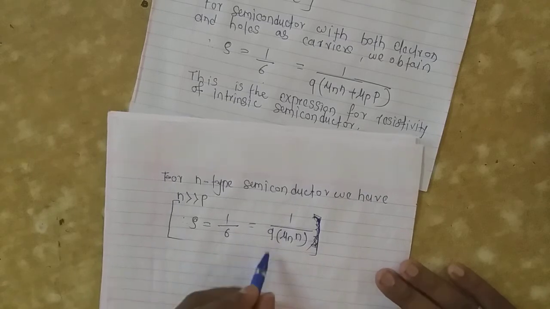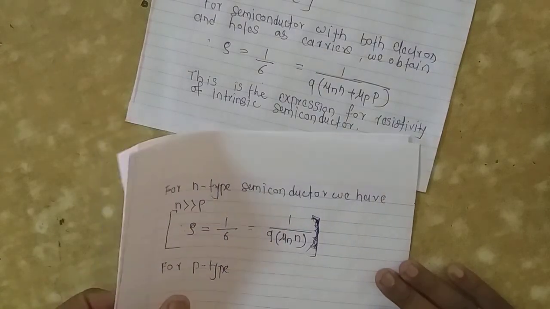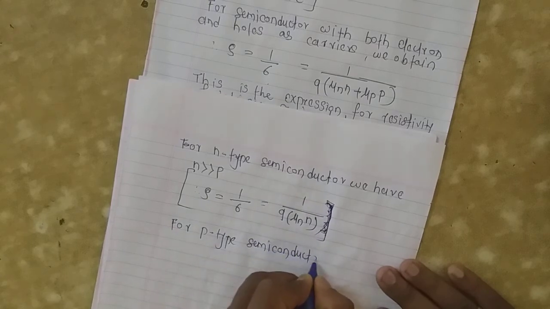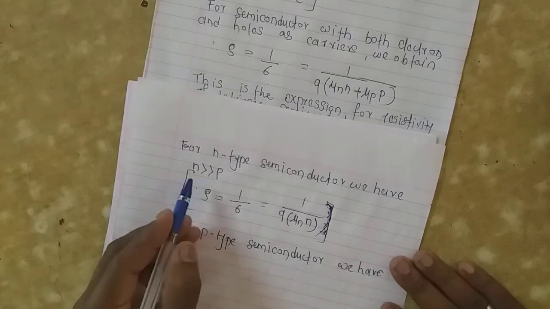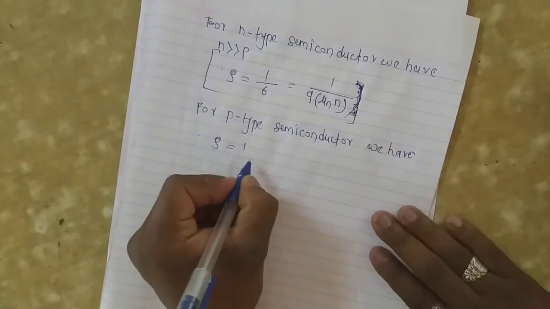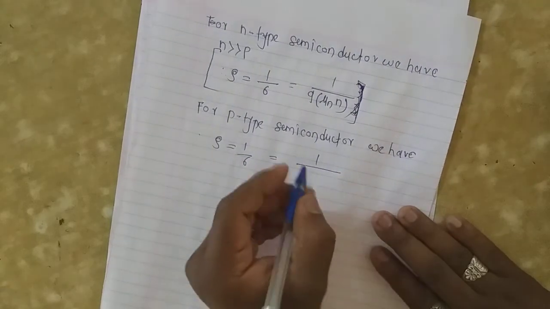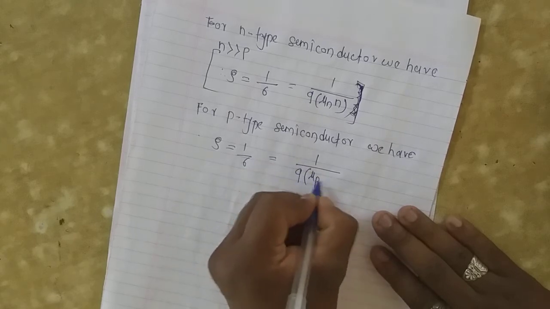And then for p type semiconductor, we have p is greater than n, and therefore the resistivity rho is equal to 1 divided by sigma is equal to 1 divided by q mu p into p.